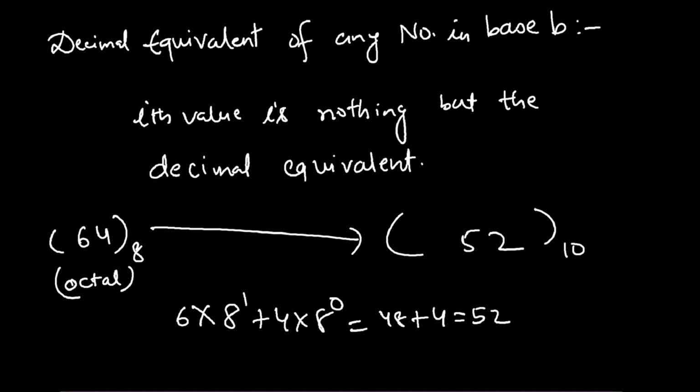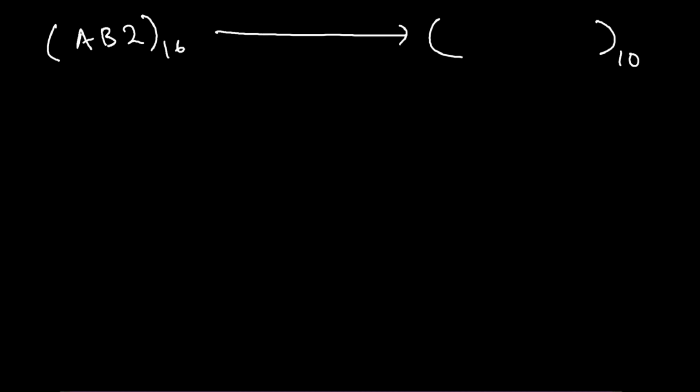Let's say we take one example of a hexadecimal number, AB2 in hexadecimal. What is its decimal equivalent? Just expand it. It will be A into 16 to the power 2 plus B into 16 to the power 1 plus 2 into 16 to the power 0.